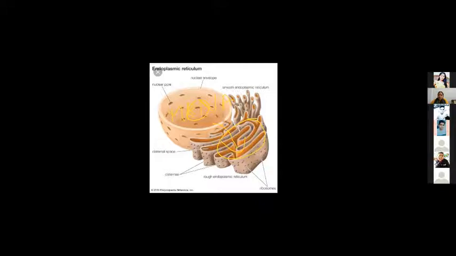This is a very important organelle and a very big organelle. So this was all about the endoplasmic reticulum. Hope you all understood it very well.